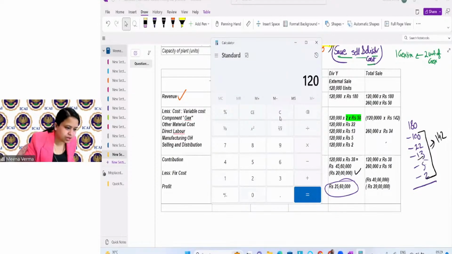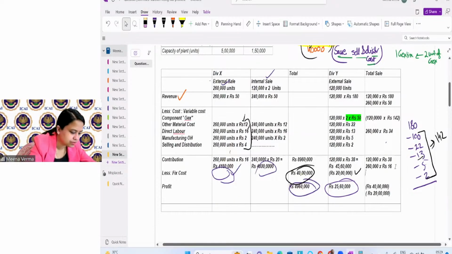So 120 into 38 is coming as 4560. And 260 into 16. I'm just adding these two values. 8720 is the final contribution.